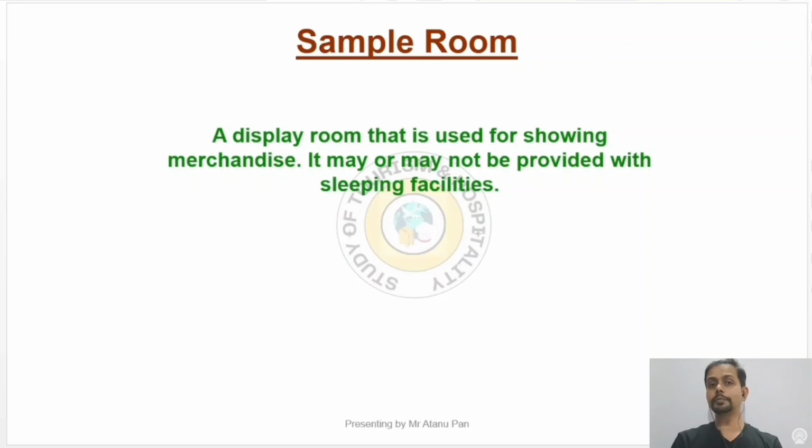The sample room is not sold as a guest room, but is for a demo, so the guest can see and agree to the contract. They can see what type of rooms they are going to give to their customers, to their clients. For example, any company, airlines and all, they come to the hotel to make any agreement for their crew members. So in that case, the sample room will be shown to them.